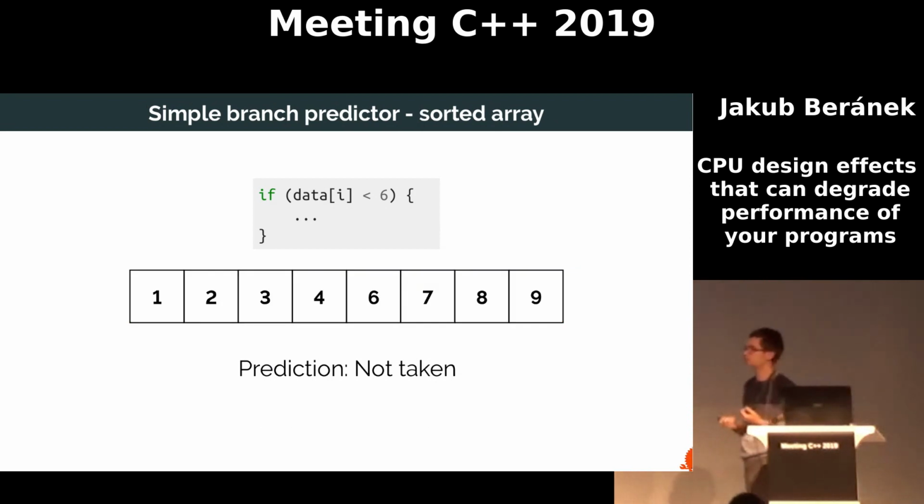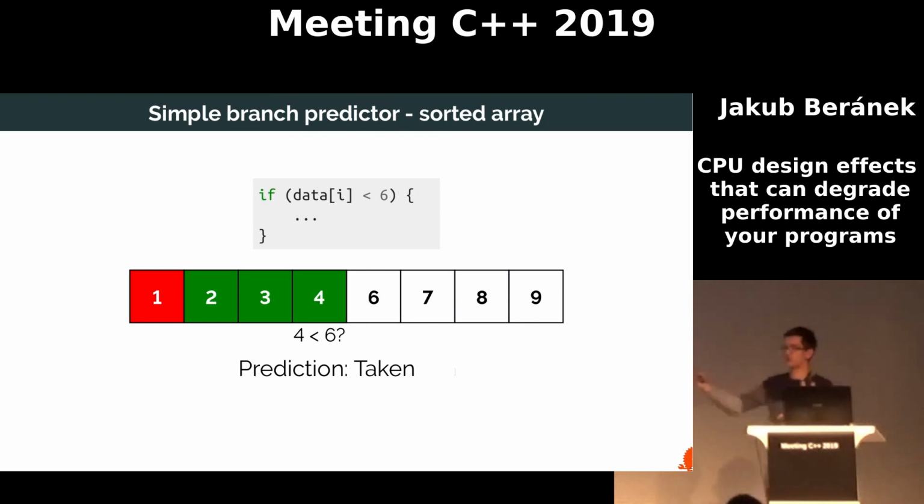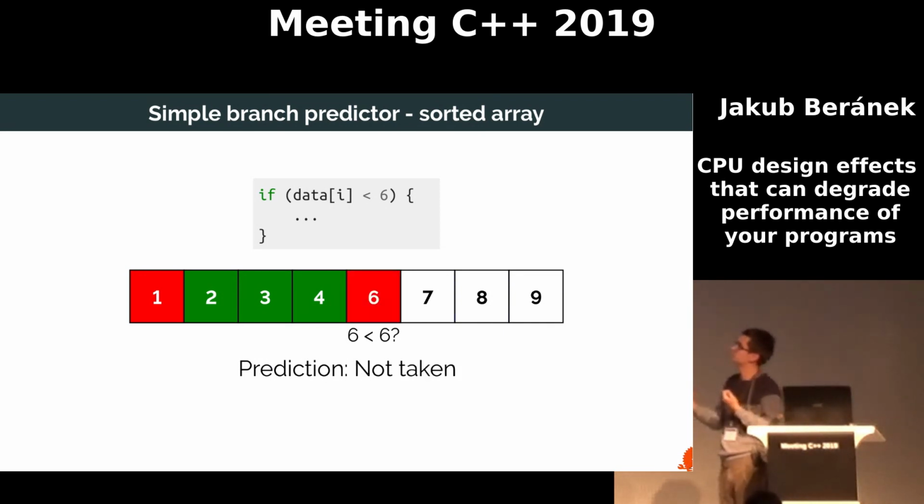But what happens when we sort the array? Now, let's say that we again have this simple predictor, which begins at not taken. At the first one, it is wrong. However, then it will switch to taken. And then it will be right for a long time, because the data is predictable, it's sorted, until it hits the first 6. Then there will be a misprediction because it switches.